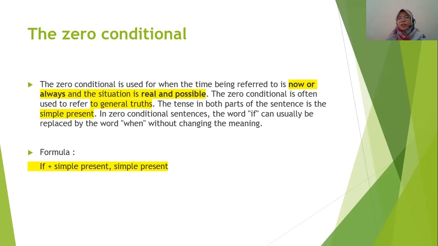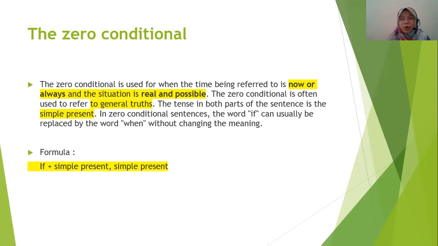The zero conditional is often used to refer to general truths. So this is suitable when you want to write, for example, about science or recent knowledge or information. You might need to use conditional sentences when writing your essay.